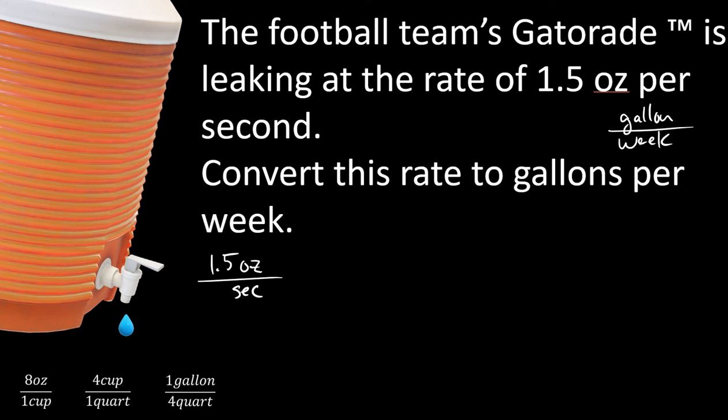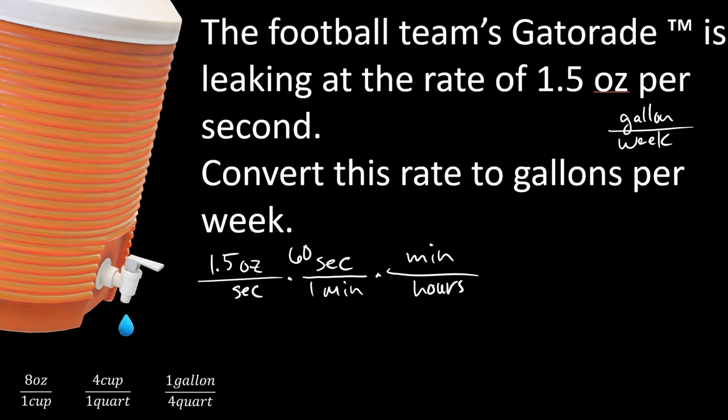So I'm starting with the second in my denominator, so I'm going to put seconds in the numerator, and I know how to get those into minutes. In fact, I know that 60 seconds is 1 minute. Now I'm going to get rid of my minutes, so I'm going to put minutes in my numerator, and I'm going to go to hours.